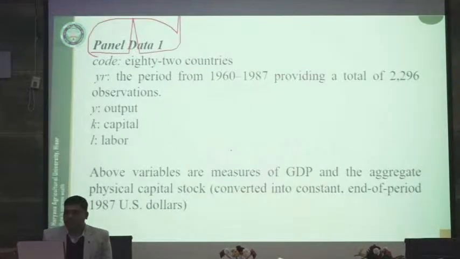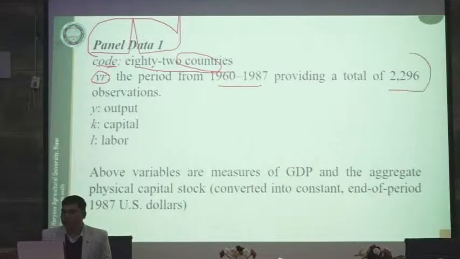So this is the data which is used to regress the panel data, and the variable name is code. Code is the name of any country. This Y is the years from 1960 to 1987, with 2,296 observations in total.